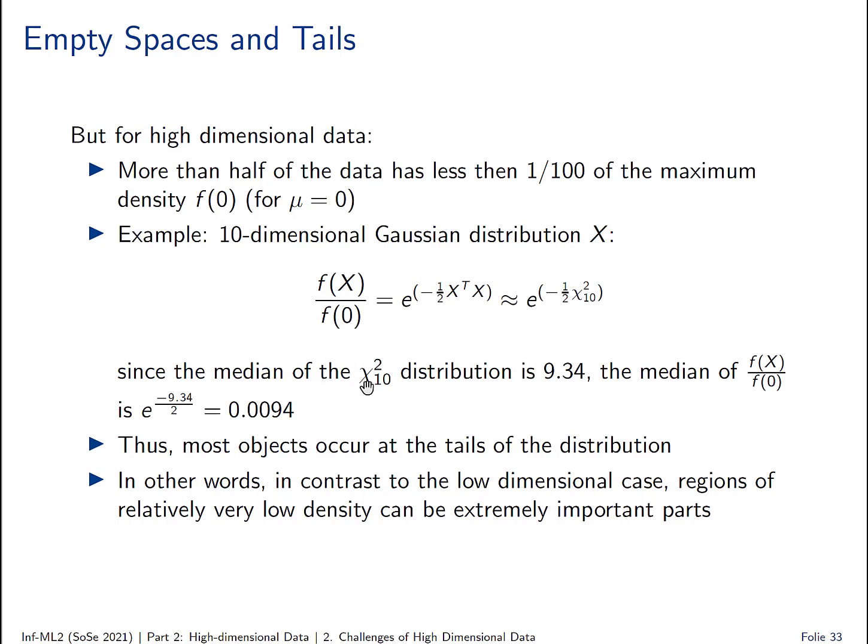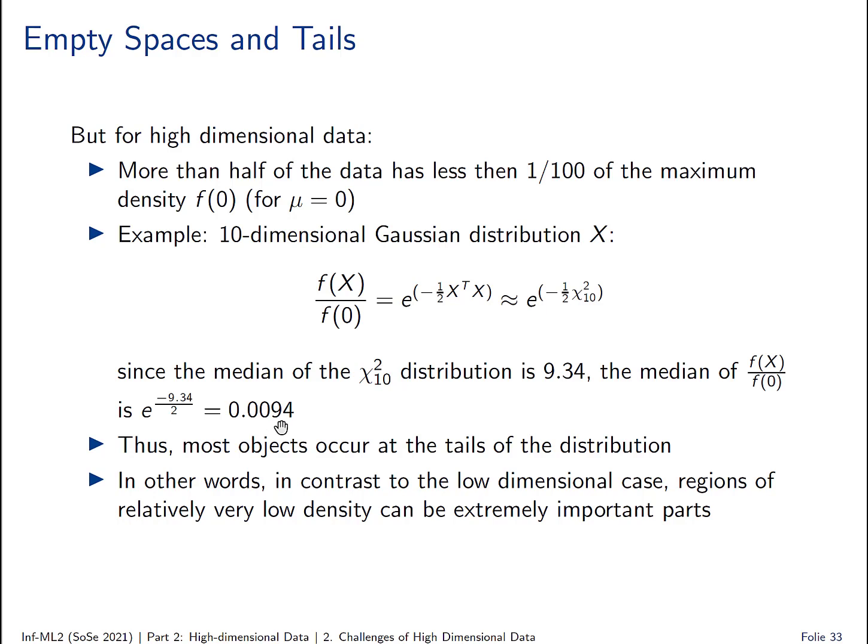The median of the chi-squared distribution is 9.34. So the median of this ratio is something like e to the power of minus 9.34 divided by 2, yeah, which is roughly this one here.